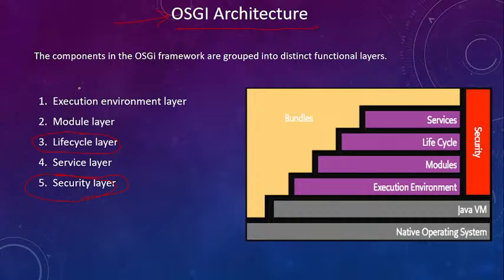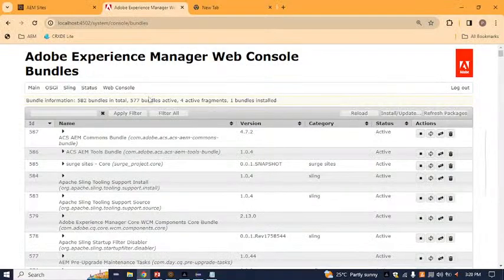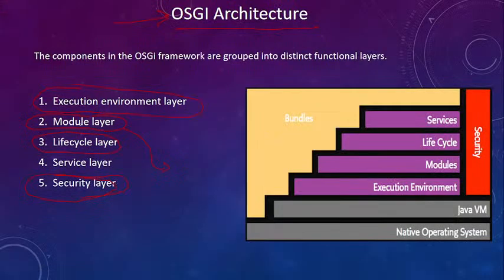After here we have an execution environment layer. Before that, here we have a module layer. This module layer is nothing but this instance. So all your bundles, basically we have 582, this 582 bundles are stored, or held, inside this module layer.